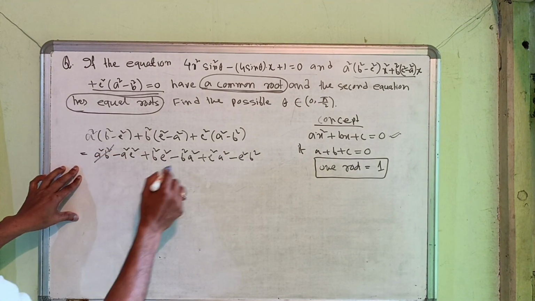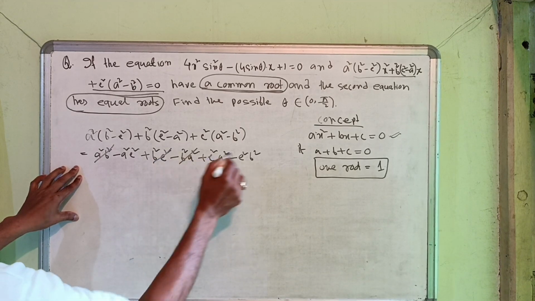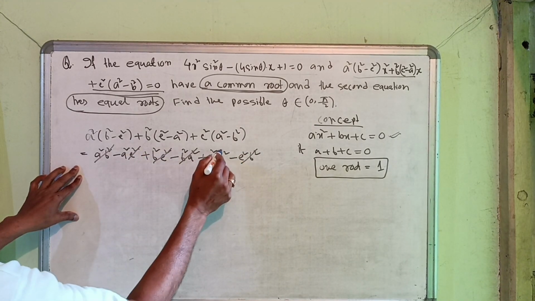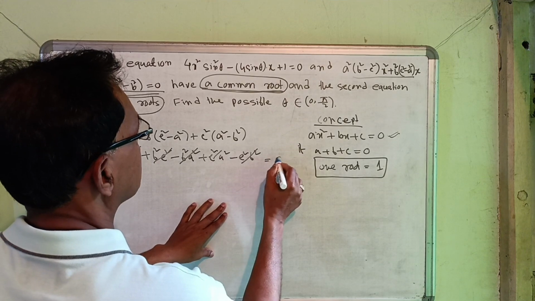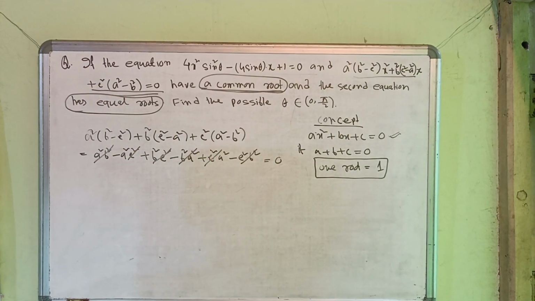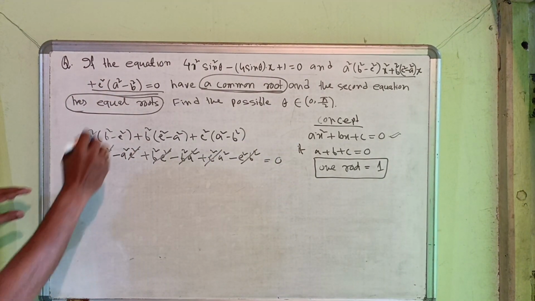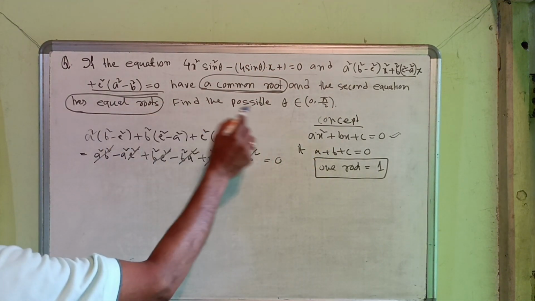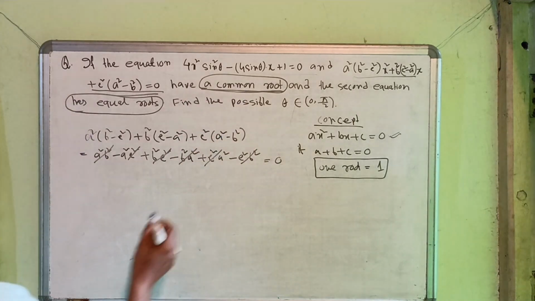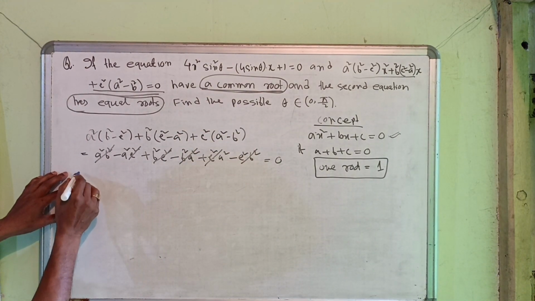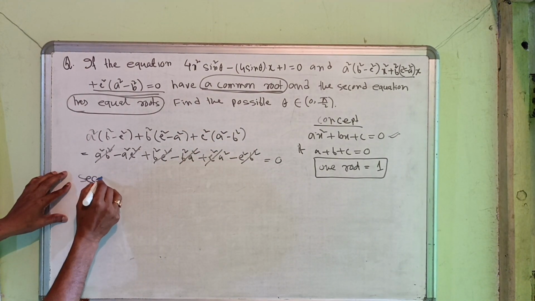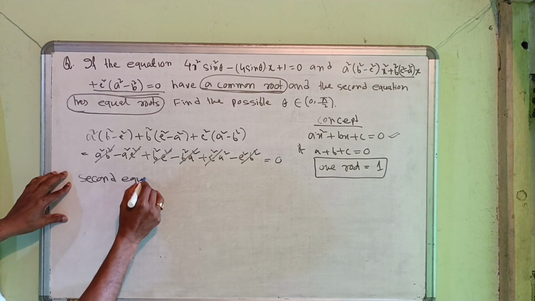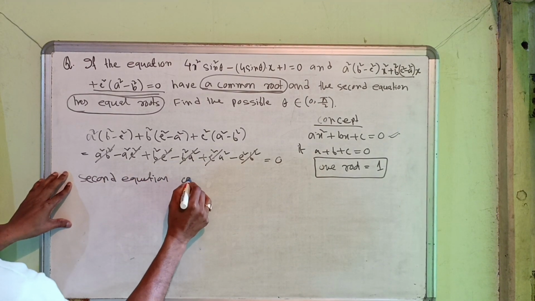Then a square b square cancel, b square c square cancel, and we get 0. So we can say that the second equation has root x equal to 1.